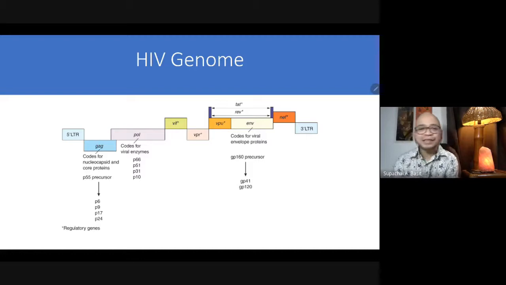Now, if you will be sequencing the genome of HIV, these are some of the most noteworthy genes to mention. From the 5 prime to the 3 prime end, you can find several genes such as the LTR, the long terminal repeats, the GAG, the POL, VIF, VPR, VPU, and NEF, and then at the 3 prime end is the long terminal repeats again.